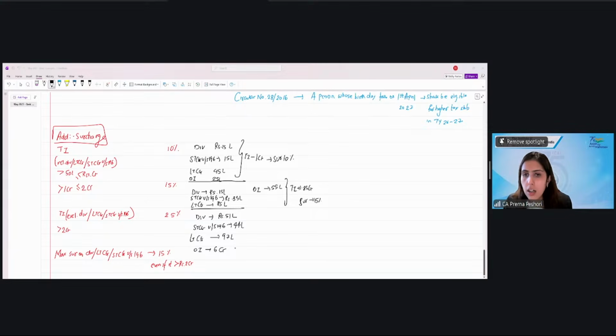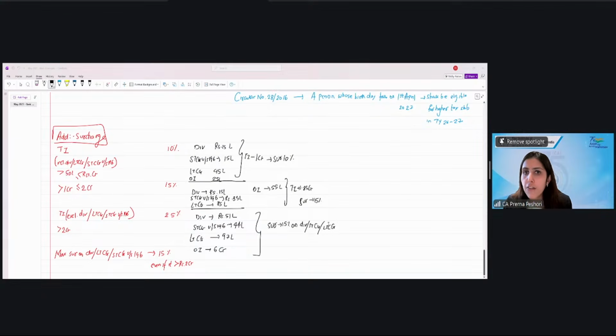So here, how will I calculate surcharge? The surcharge will be 15% on the dividend, STCG and LTCG. It will be 15%.